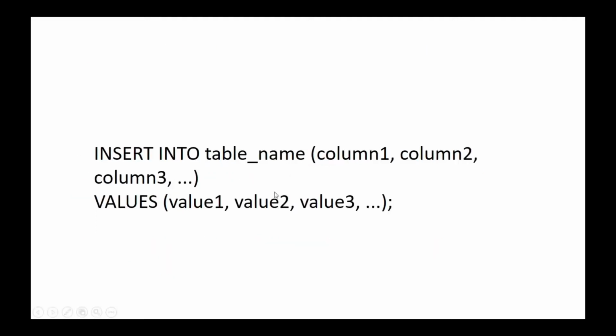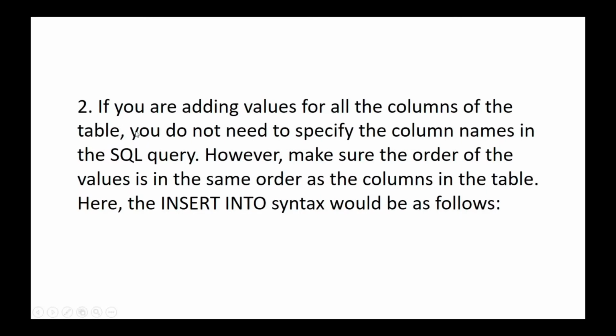Okay, this is an example. We have 3 columns here and we have our 3 values here. They match, 3 columns and 3 values. The second way says if you are adding values for all the columns of the table, you do not need to specify the column names in the SQL query.